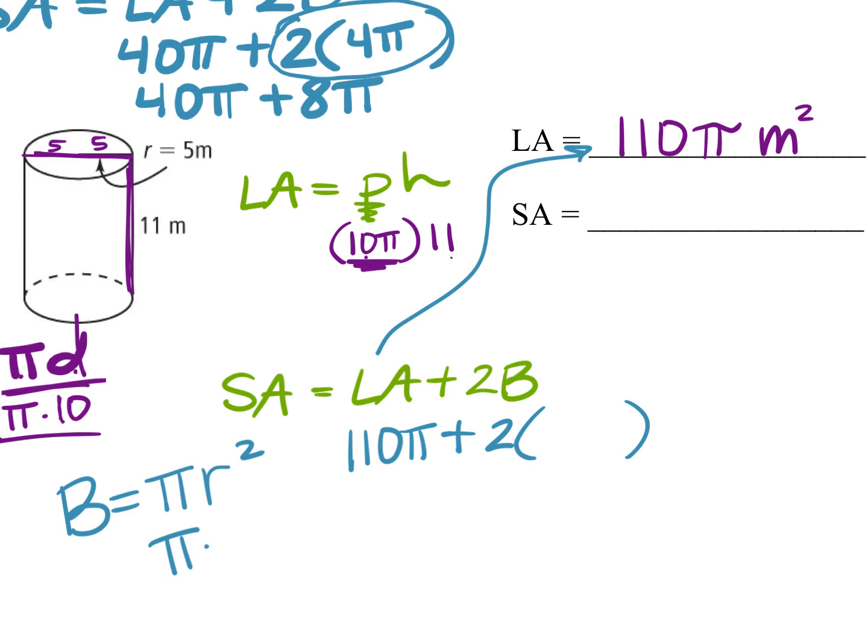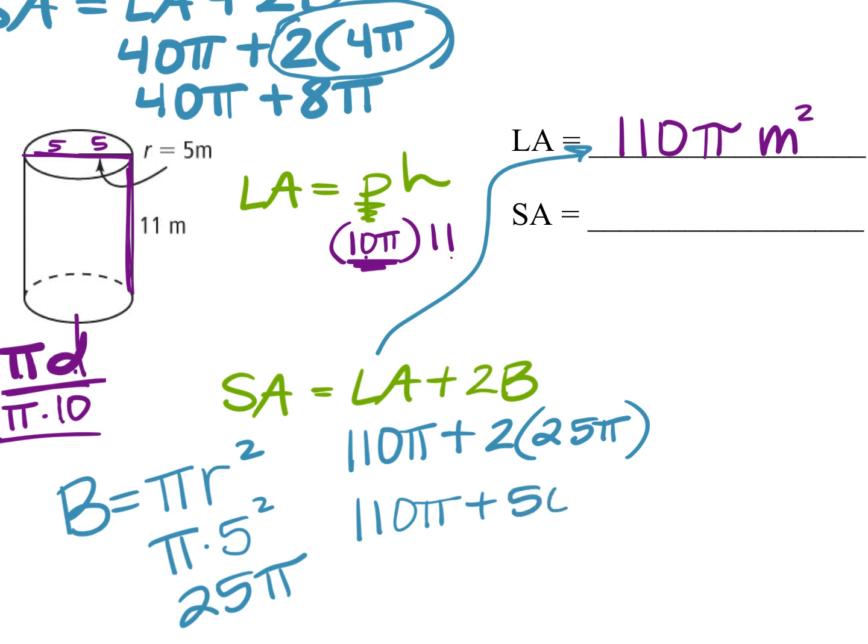So pi times the radius squared is 25 pi. You drop that in right here. What's 2 times 25 pi? 50 pi. Don't forget the pi. So 110 pi plus 50 pi is 160 pi meters squared.